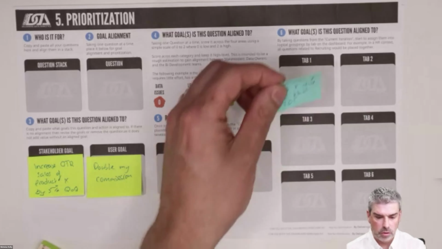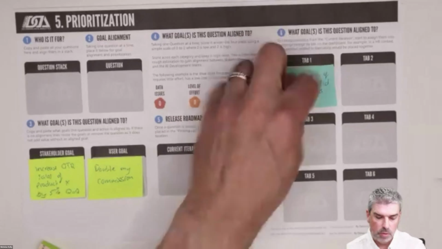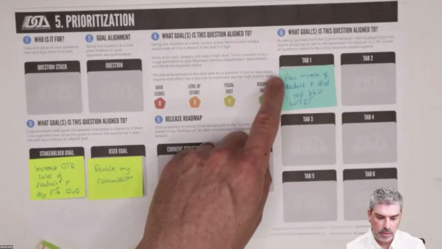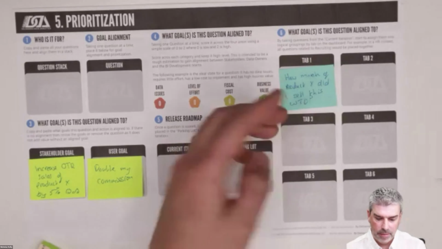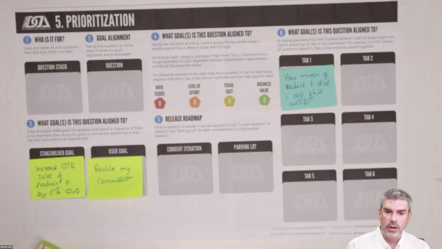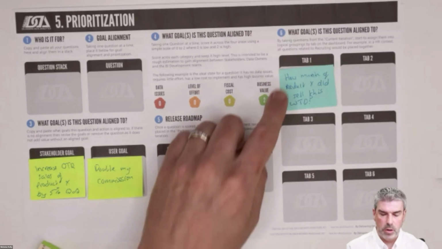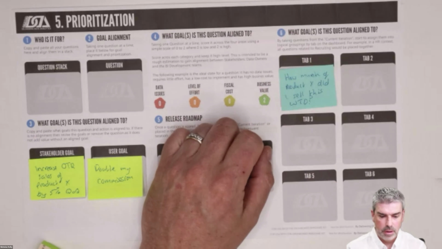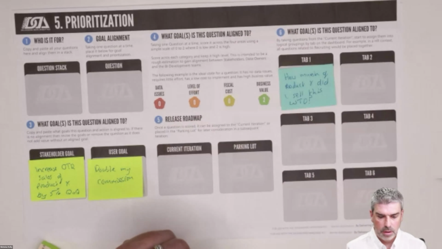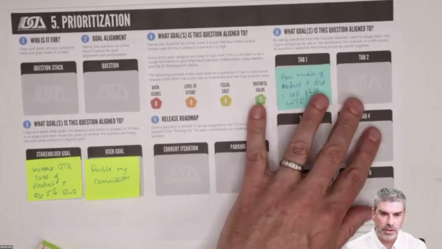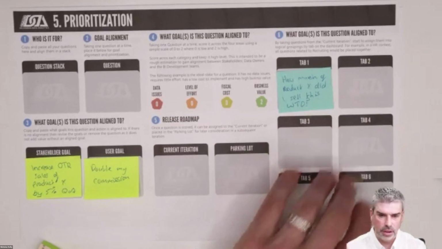We want to start grouping by tab where the questions are going, right? So I'm putting this one in tab 1. And let's just say you notice, how do I group the questions, right? So you could group them by theme, by topic. This one, maybe it's a product tab, or maybe there's a commission tab, right? But this is where you start having the first initial ideas of where things are going to go.